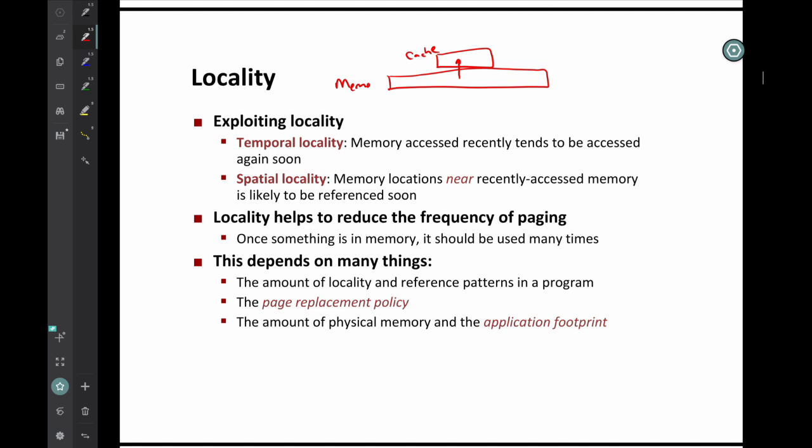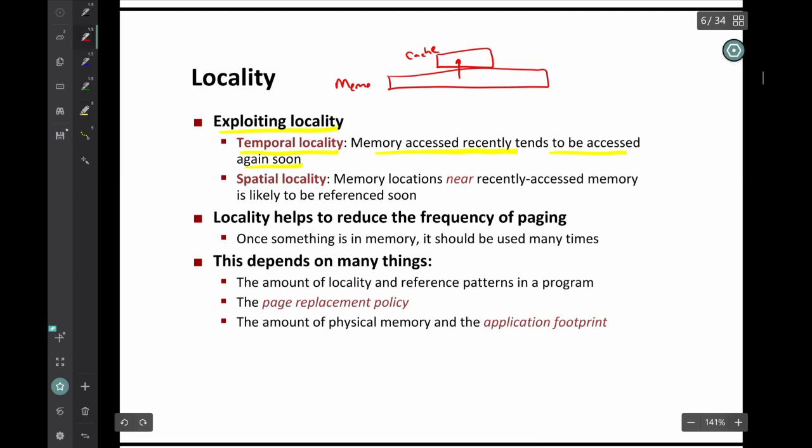And in doing so, we exploited locality in our programs. The first one was temporal locality. This is locality in time, meaning that memory accessed recently tends to be accessed again soon.